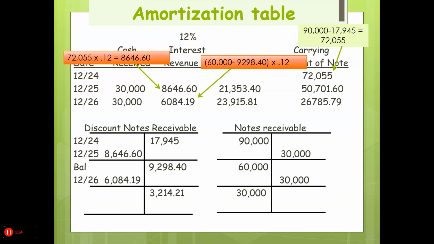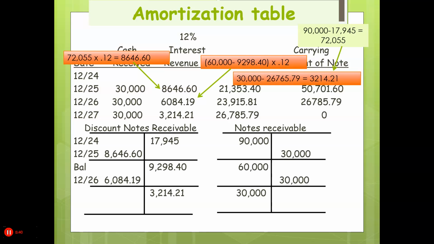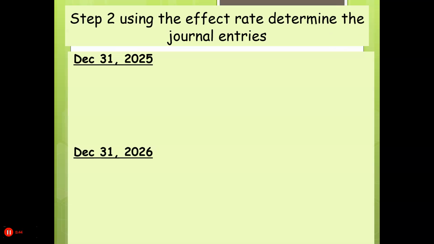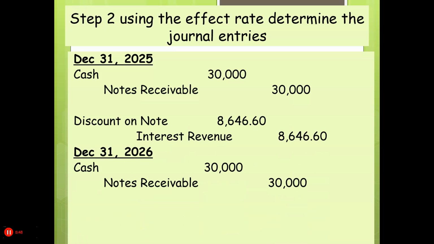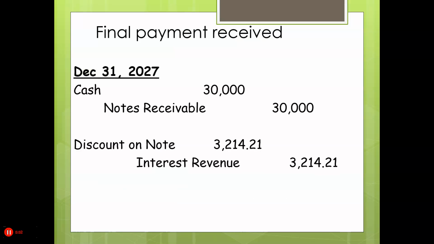And you can see in this case, our interest revenue goes down. And then at the end, our accounts will zero out. Here's our journal entries. And then our last one. And that ends this presentation, part 4 for Chapter 7.